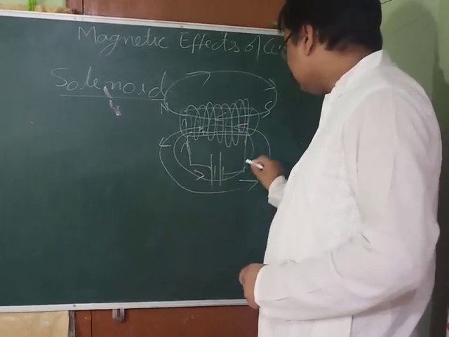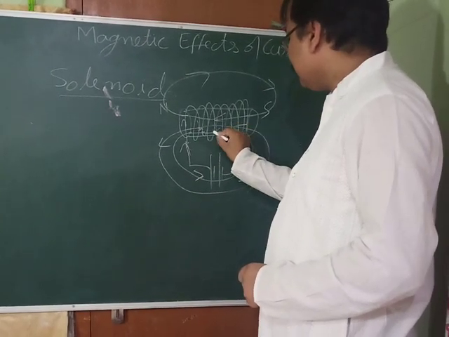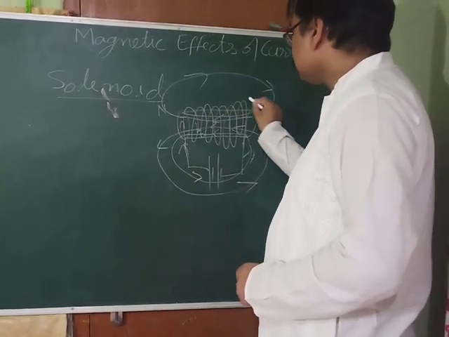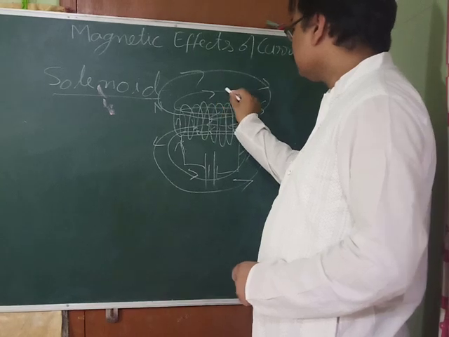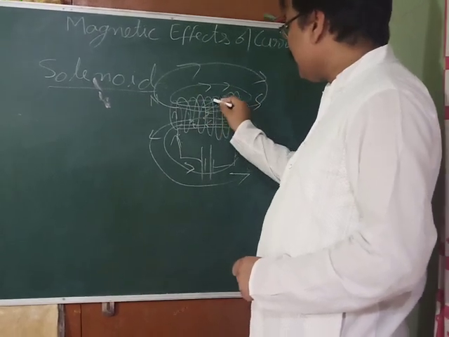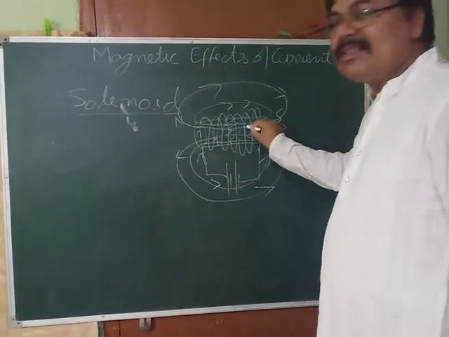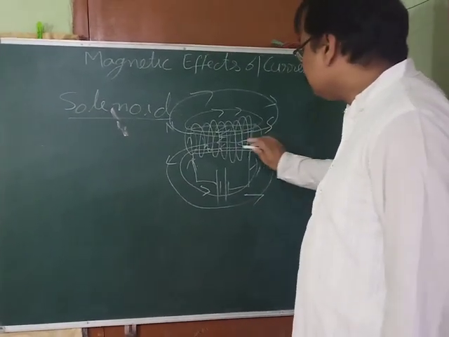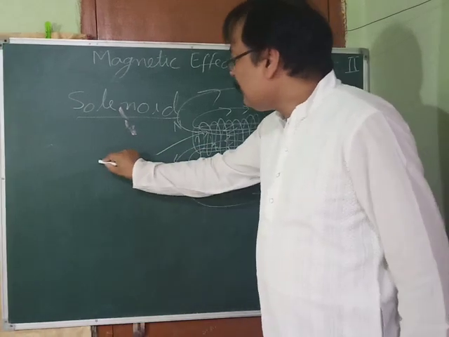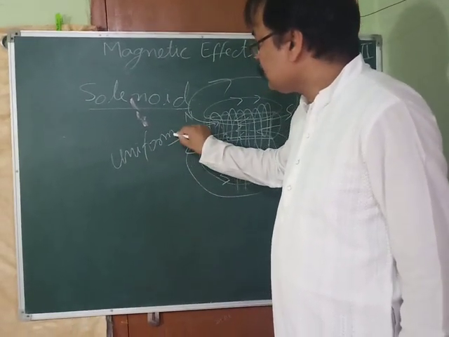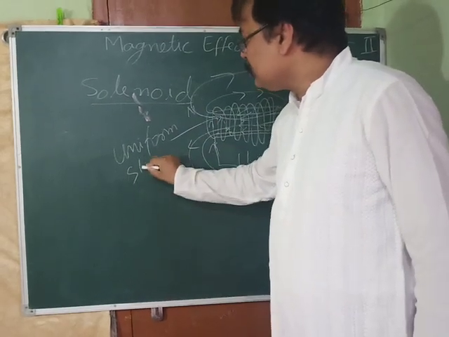So it is going like this. But here what you find, they are parallel to each other and they are equispaced. So the magnetic field inside the solenoid is, first, uniform, and second, strong.